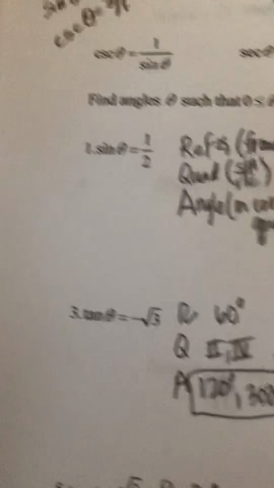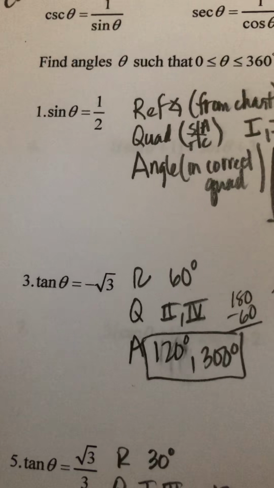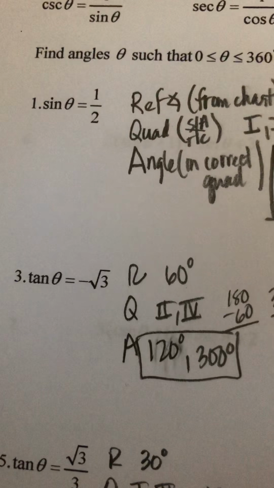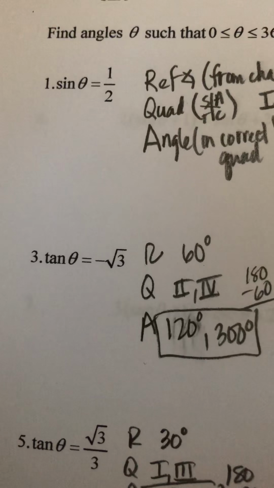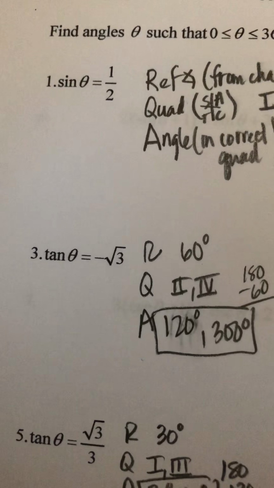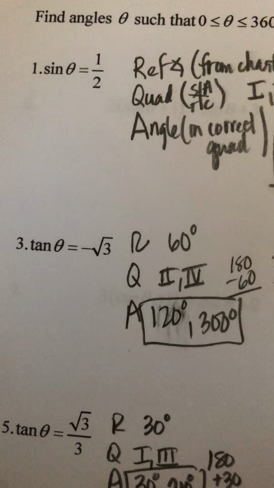All right, number 3. Tan theta is negative rad 3. Okay, well, we ignore the negative for now and say, let's think about rad 3. Let's go to our chart. What angle does tangent equal rad 3 on our chart? Oh, that's 60 degrees, so that's our reference angle. Now we deal with the negative and say, in what quadrants is tangent negative?